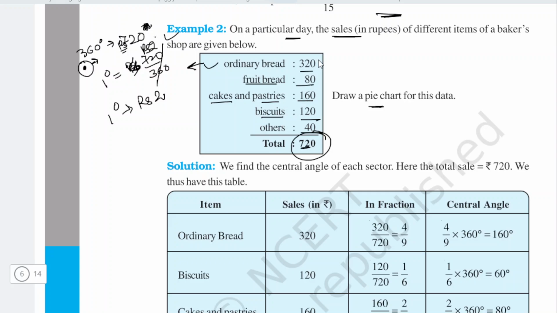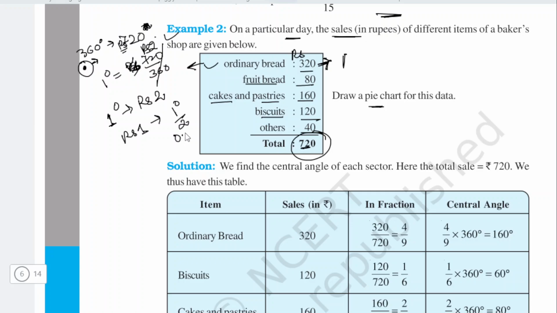So now we have to find how much degree of that circle will be proportional to each amount. For rupees 2, the proportional degree is 1. So for rupee 1, the proportional degree is 1 by 2 degree, that is 0.5 degree.